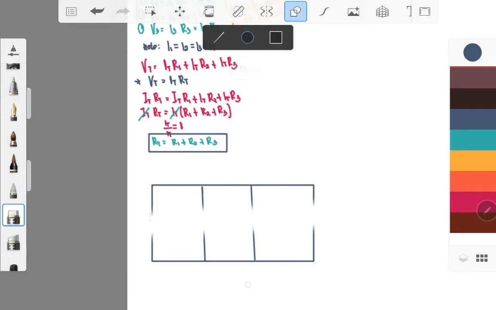Yung inulit-ulit ko dito sa parallel resistance natin is that your voltage is equal. So, how will we determine if your resistance that you are solving is series or parallel?